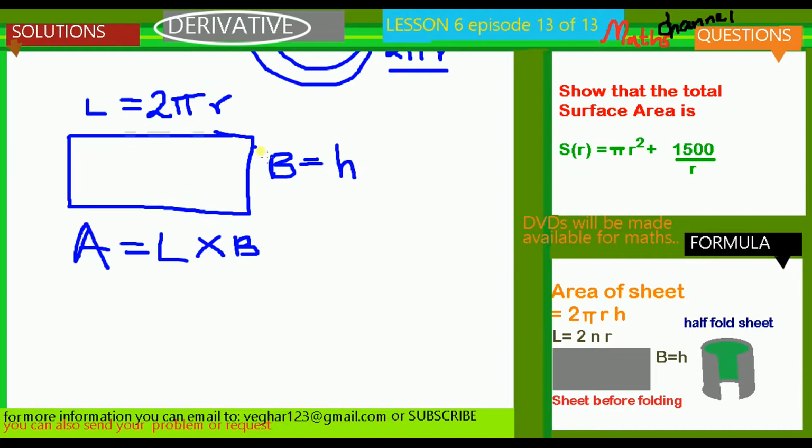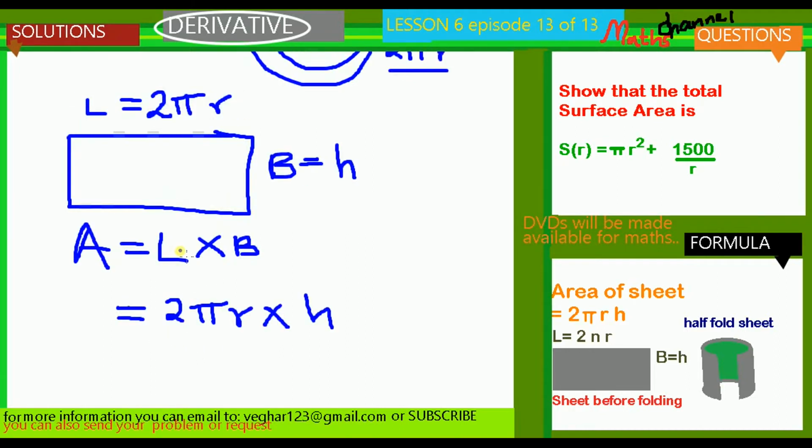So you have something like this, and then because it's a rectangular form, you replace this one by pi r square multiplied by height.